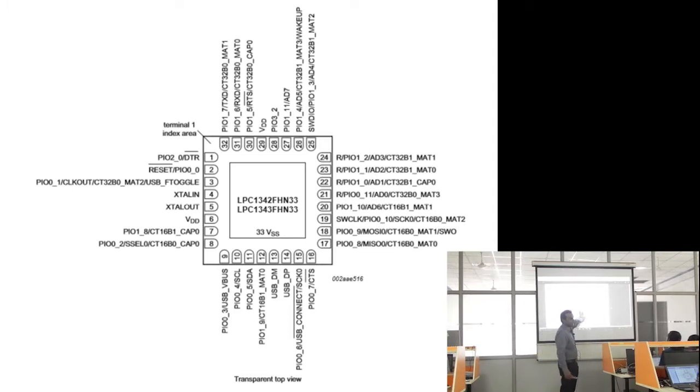This is QFN. Again quad flat, but no leads. The pins are not given outside. On this board, you can see this particular microcontroller, which is quite bigger in size, near the USB port. This is a QFN package. You can't see the pins outside; they are below the microcontroller itself.